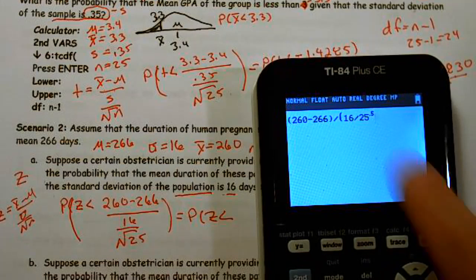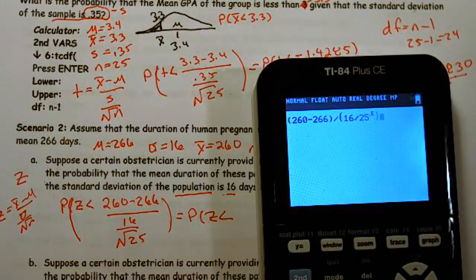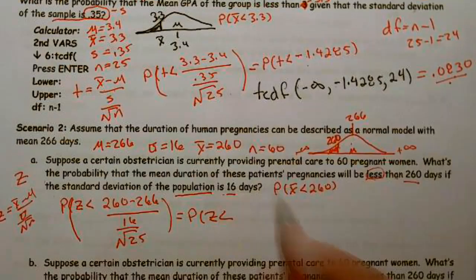The 0.5 is the same as doing the square root, and I need to close my parenthesis off. And I end up getting negative 1.875.